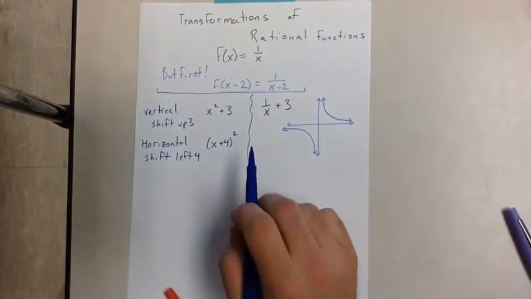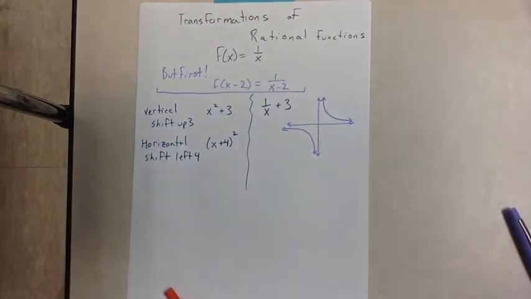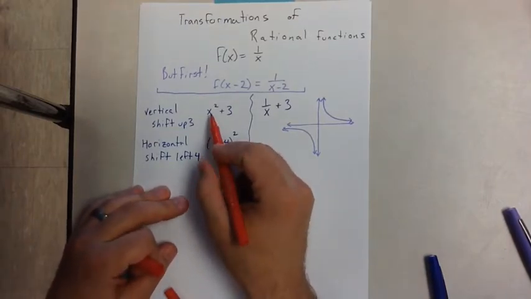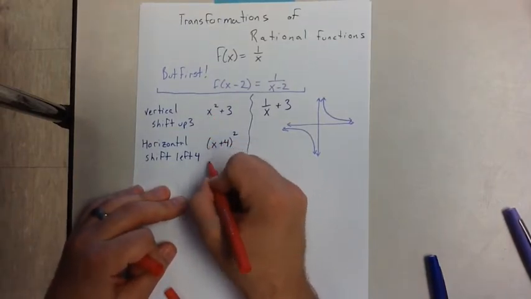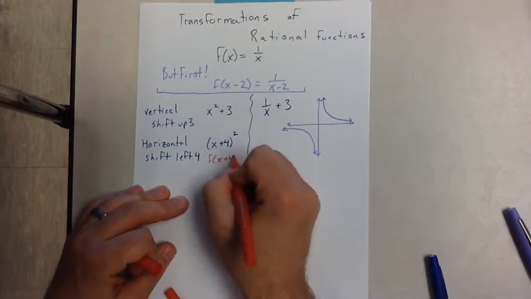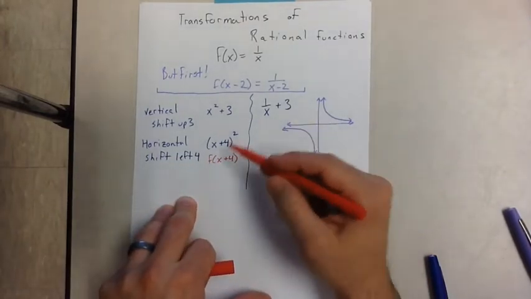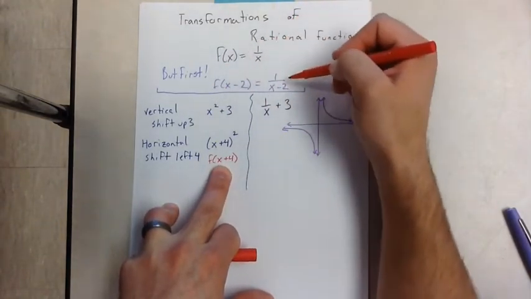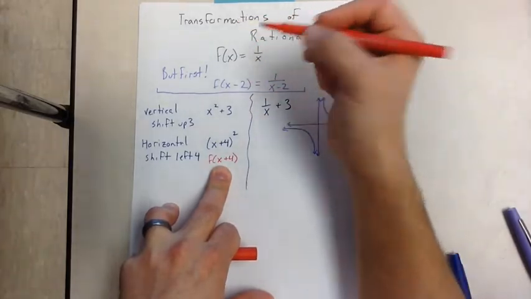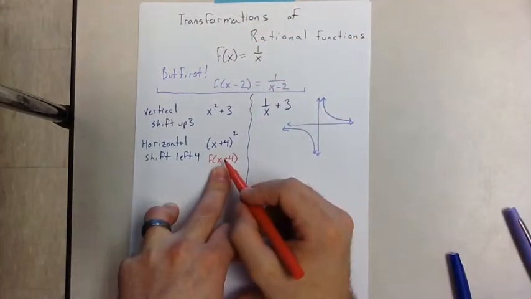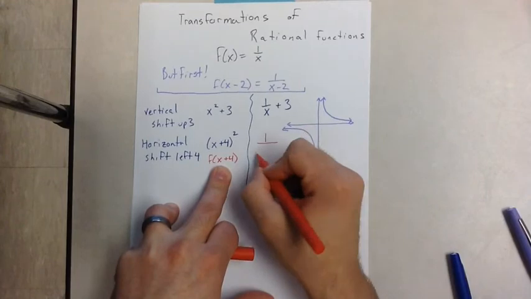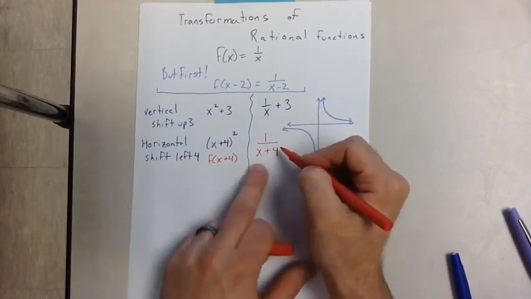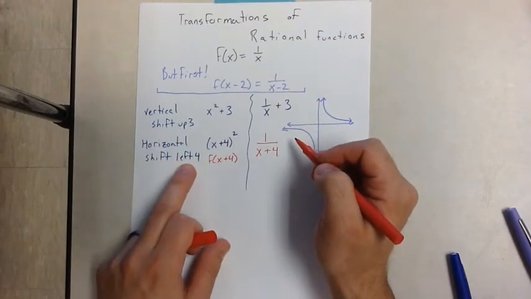So over here, actually before I write this down, one might say that if f of x is x squared, this would be f of x plus 4. And then you can kind of therefore see why I first went over this example. So if I have 1 over x, f of x plus 4 would appear as 1 over x plus 4. And that would give us a horizontal shift of left 4.